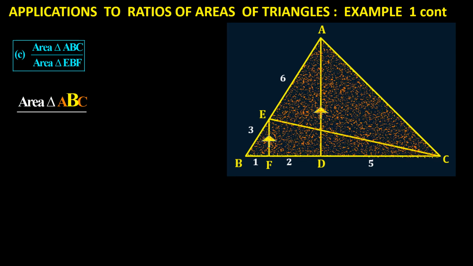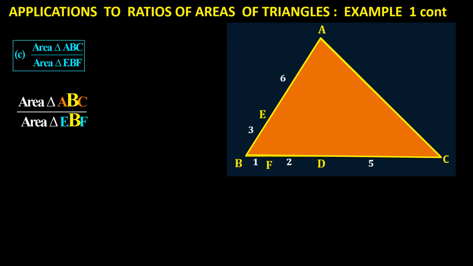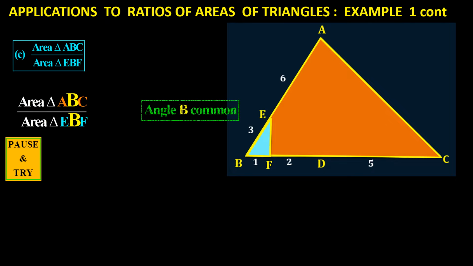So I want ABC. There's ABC. In this case, we want EBF. There's EBF. In this case, definitely their heights are not the same. So we have a common angle. What's the common angle? B. You can see there's B. Let's put B included so I can easily see what my product would be.